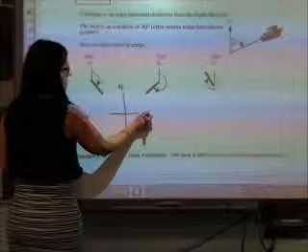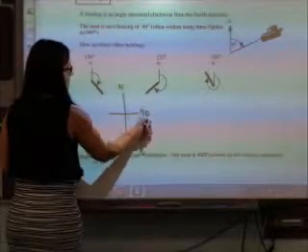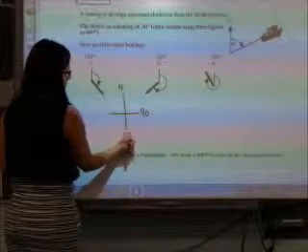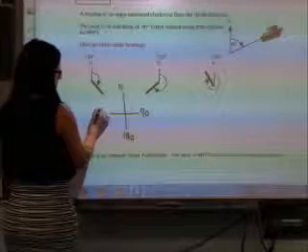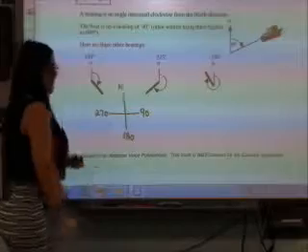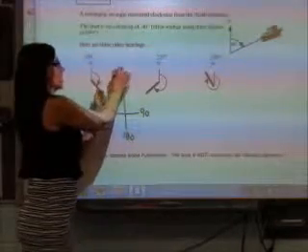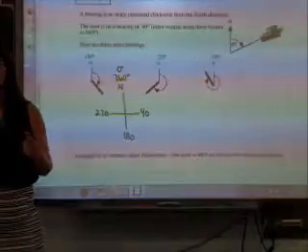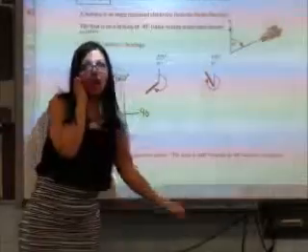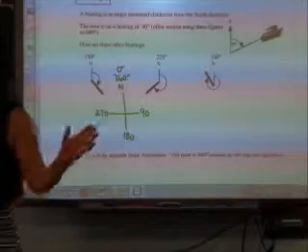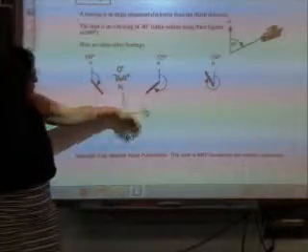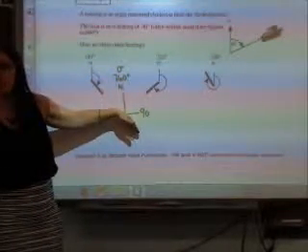How many degrees would this be? 90. 180. 270. And then all the way around would actually be 360 or 0. Okay? So then that way when I'm told a bearing of 135, I can approximate where that 135 would be.